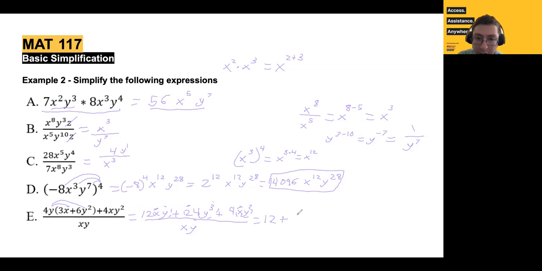And then 24, we can remove one y from y cubed because we're dividing by y, but then the x remains. I'm not sure if we can simplify even more than this, then plus 4y.